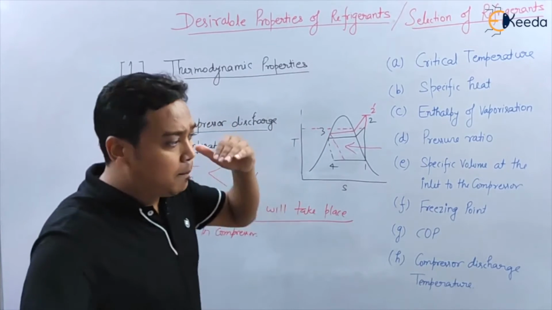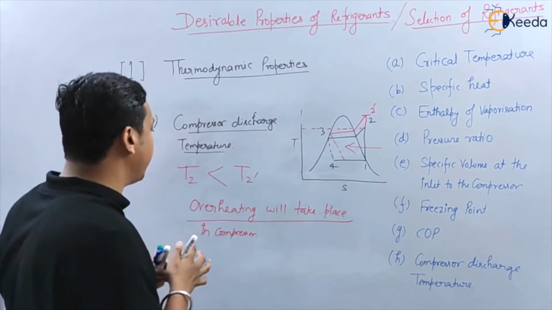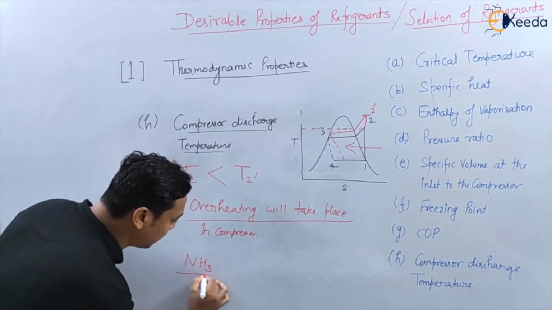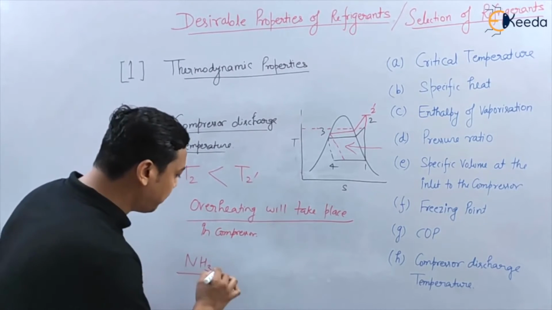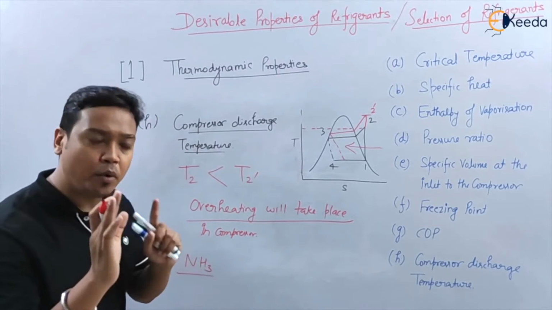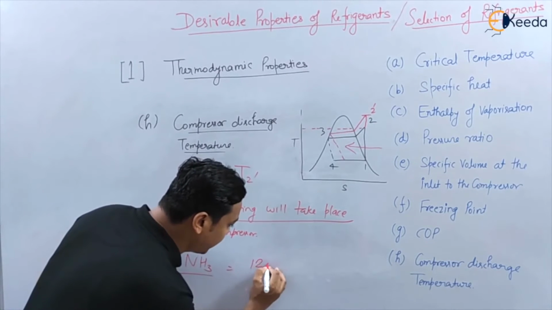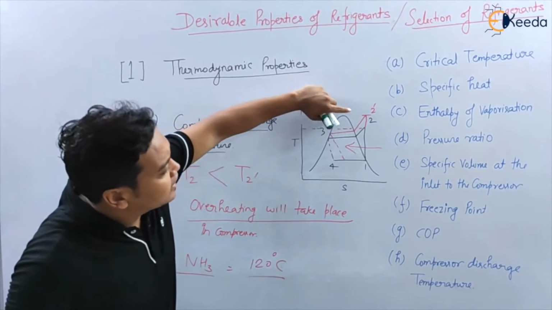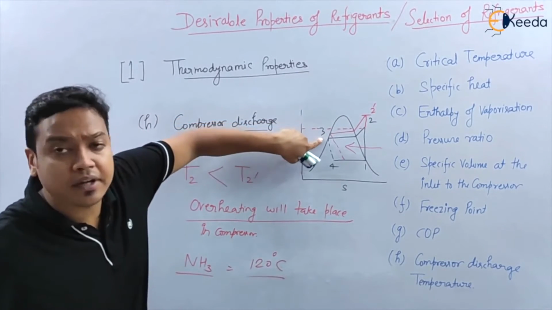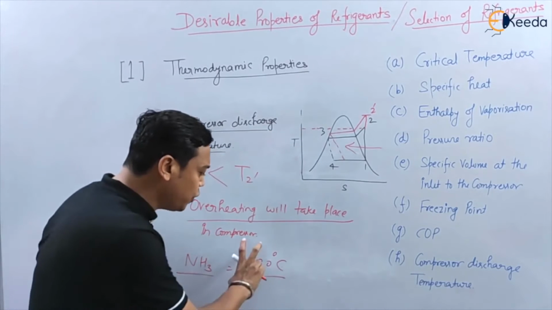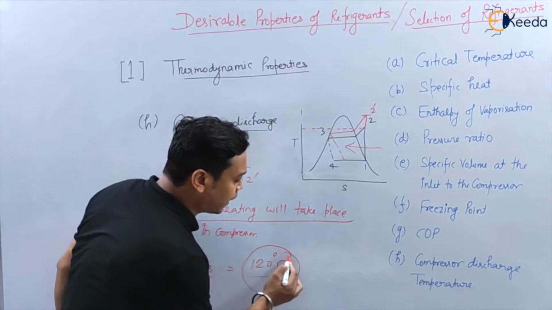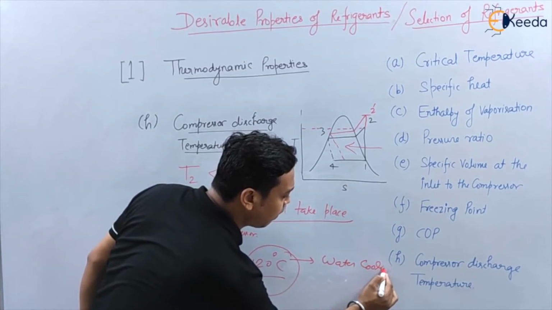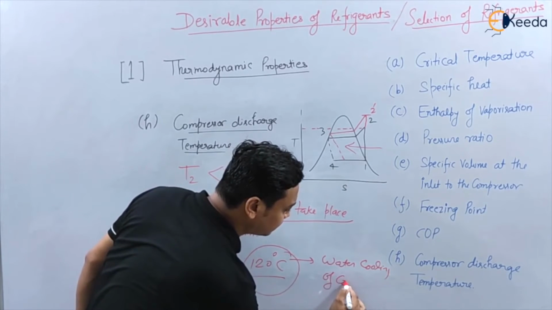But if the compressor discharge temperature is very high, like in this case suppose ammonia, the compressor discharge temperature for ammonia is 120 degrees Celsius. To cool the refrigerant from this point to this point, we have to use water cooling of the compressor.